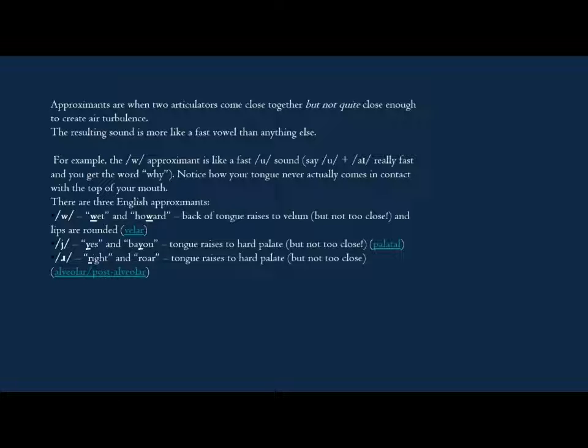Tongue raises to hard palate, but not too close, palatal. And the last one is r, as in "right" and "roar." Tongue raises to hard palate, but not too close, alveolar or post-alveolar.